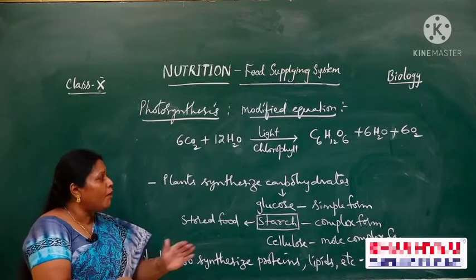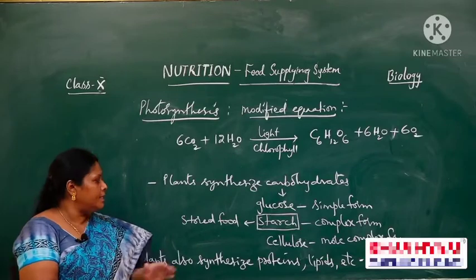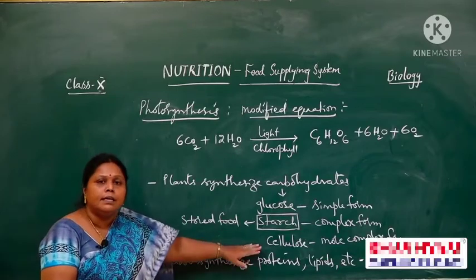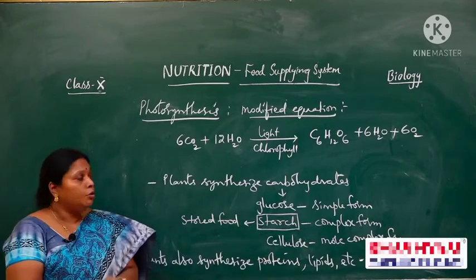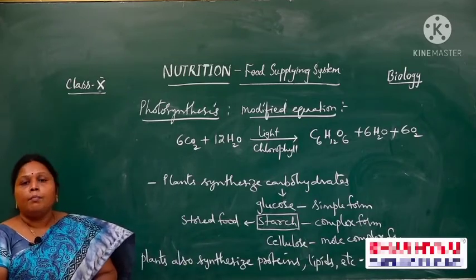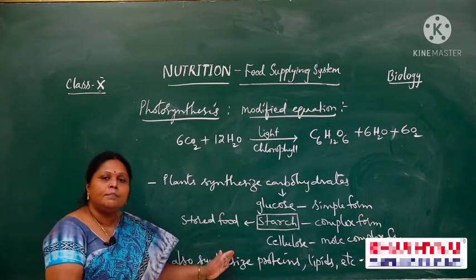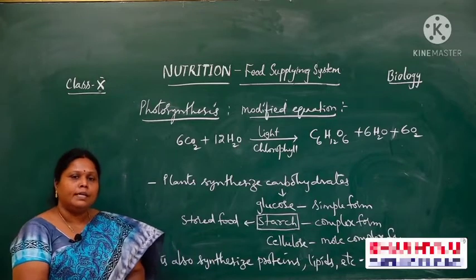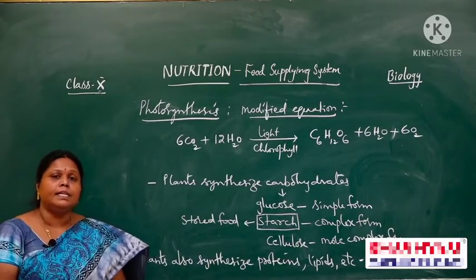The carbohydrate generally seen in plants is starch, the stored carbohydrate. To understand this more clearly, let us discuss an experiment which shows that starch is present in leaves.